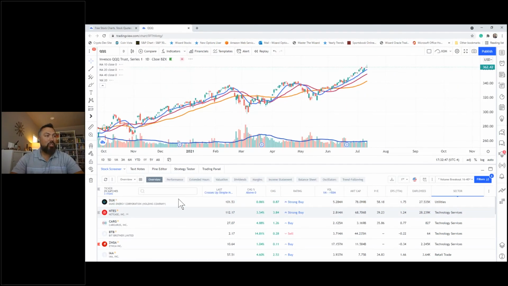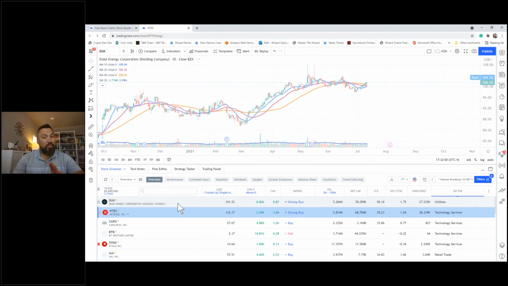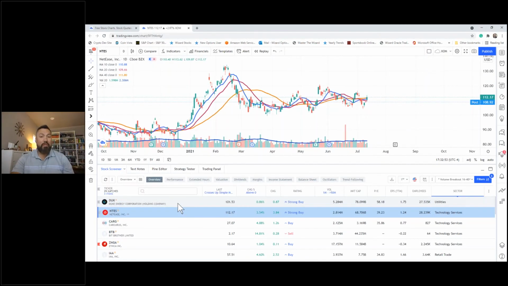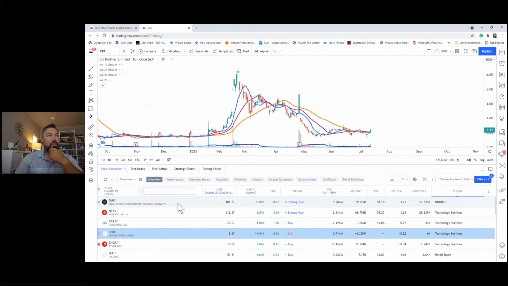Now I have an ability to search. There are thousands of stocks. In TradingView, there are 11,000 stock symbols. I have a list of 29. See the cross above? Here's CarGurus. Cross above, right? Look at that cross on the bottom.